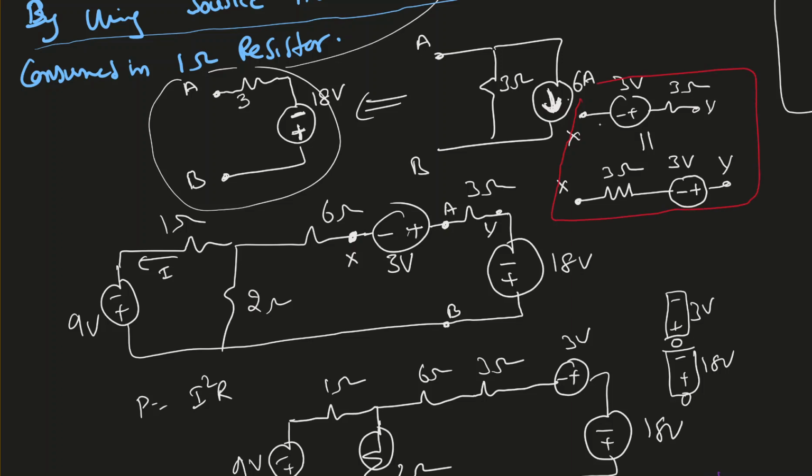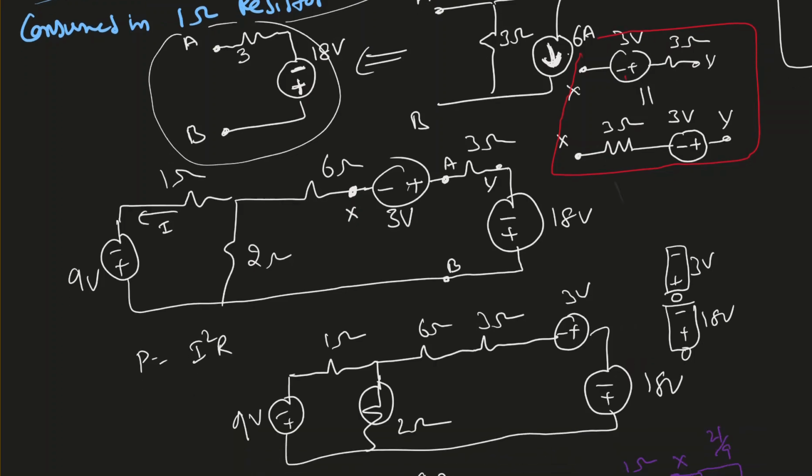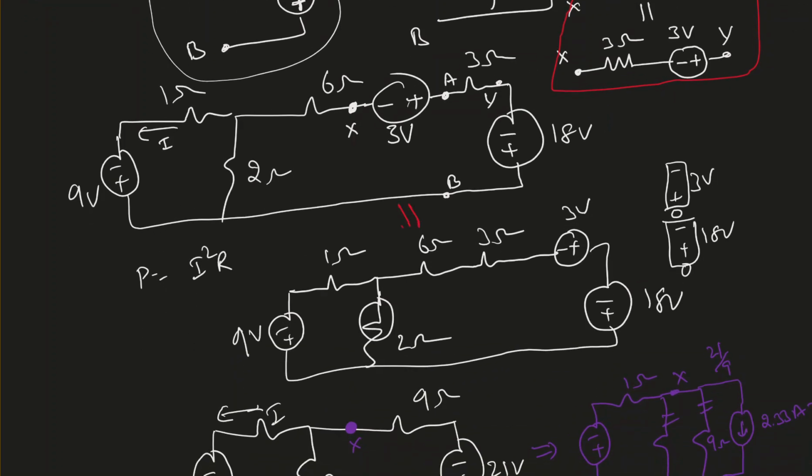So here I have 3 volt and 3 ohm. I'm going to switch them, so 3 ohm and 3 volt, and it's not going to make any difference. So my circuit is going to look like this. Now I can clearly see 6 and 3 ohm are in series and the voltage source is the same, they're in series. So I will end up with 3 plus 18. I'm adding them because they are connected in series in additive mode.